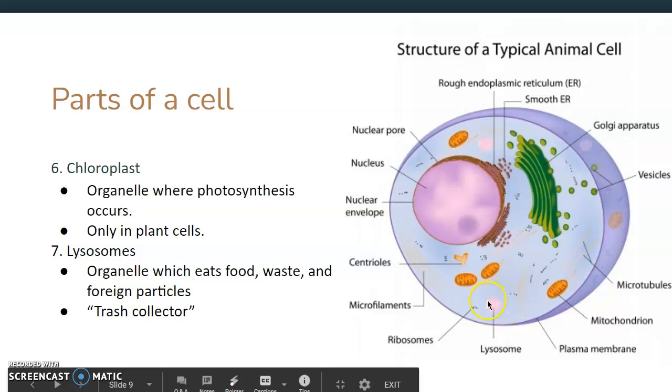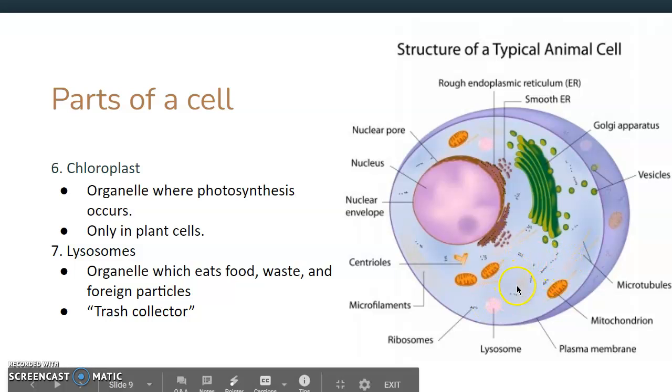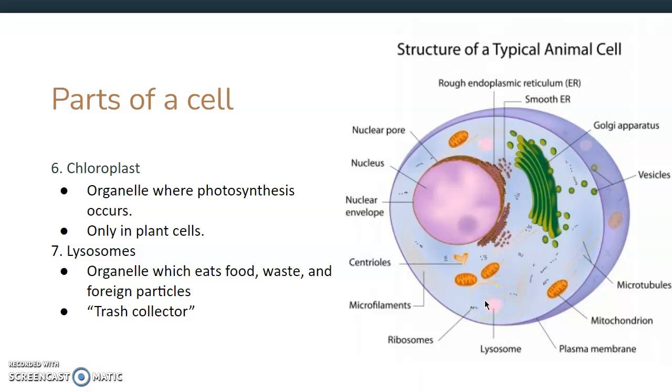So this lysosome is going to go around the cell and see if there's any trash that it needs to eat, or if there's a virus in the cell, our lysosomes will go and eat the virus. And what's inside the lysosome is a lot of very acidic, a lot of very strong chemicals to break things down.